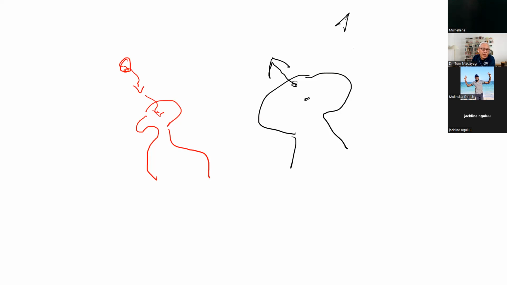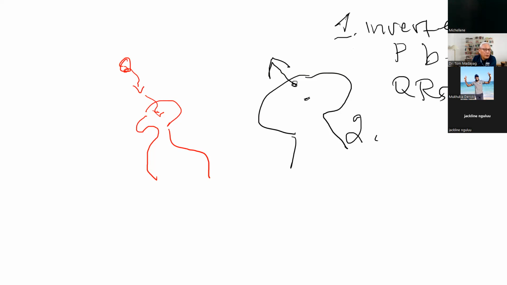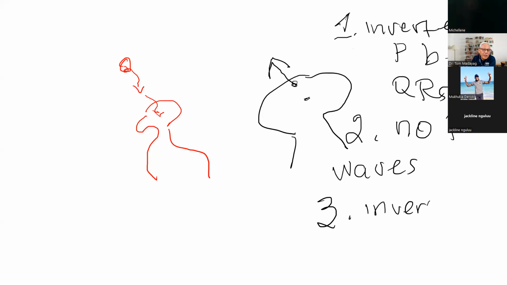So the first characteristic of a junctional beat is an inverted P wave before the QRS complex, such as what we have here. The second characteristic is that there is no P wave that is visible. And the third one is that there's going to be a P wave after the QRS complex. So again, it's an inverted P wave after the QRS complex.